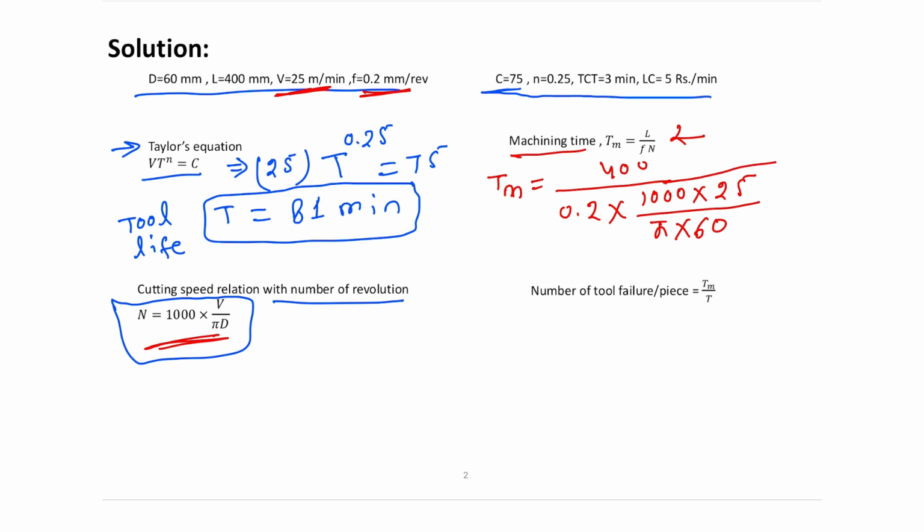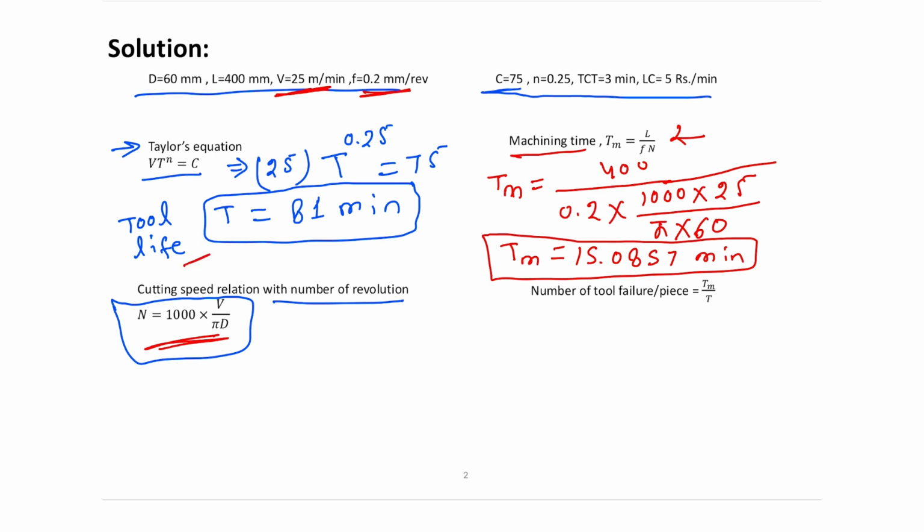So what will we get? We will get machining time Tm around 15.0857 minutes. So this will be our machining time.